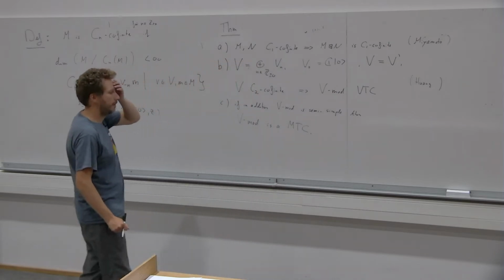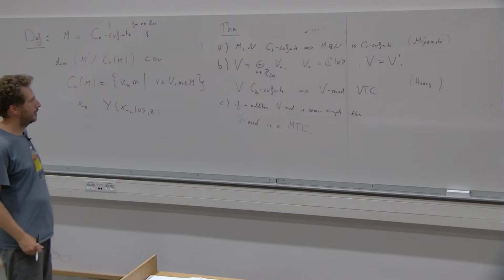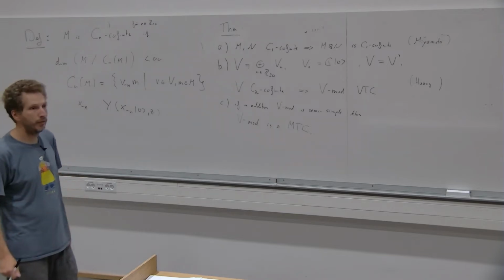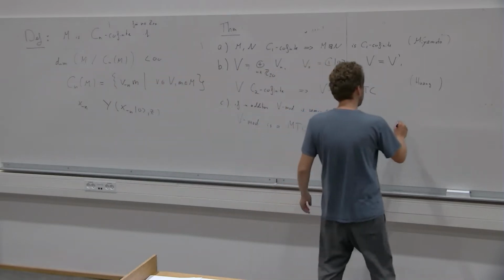Remember, in the last lecture I worked out this Verlinde formula for modular tensor categories. So in effect, statement C here is also due to Wang.